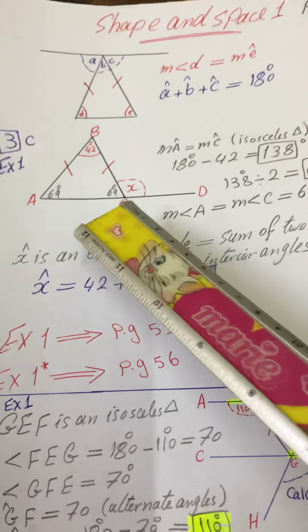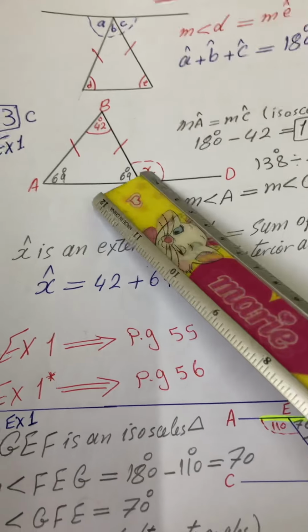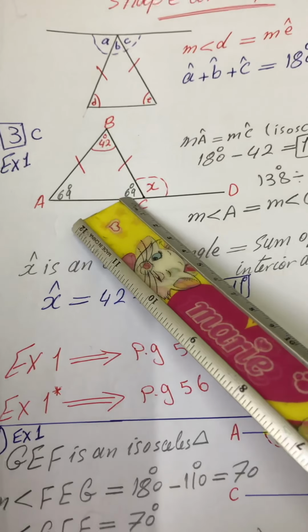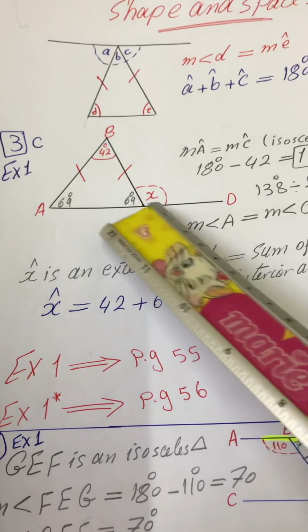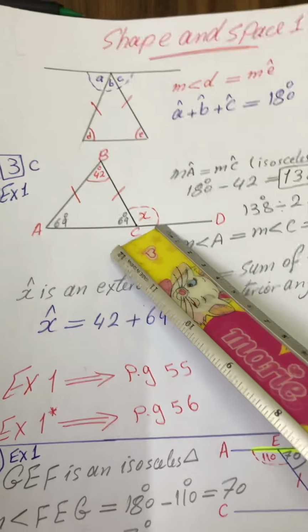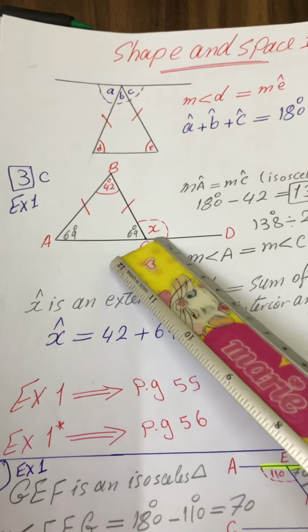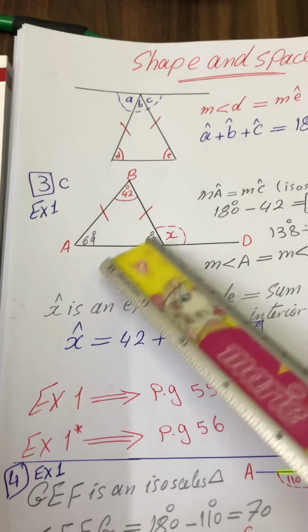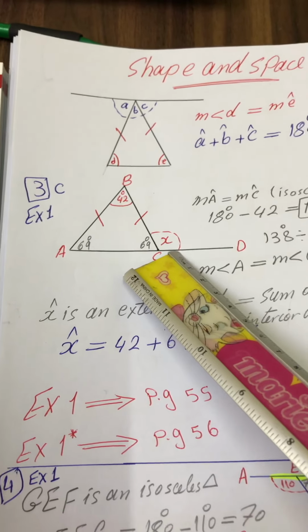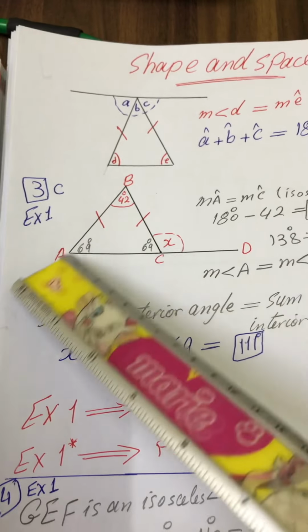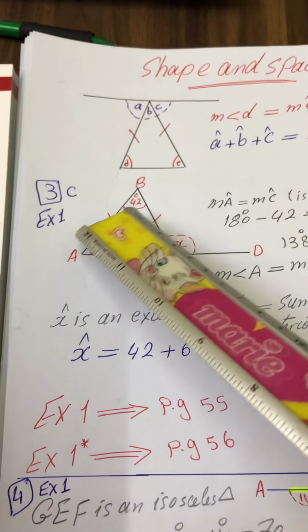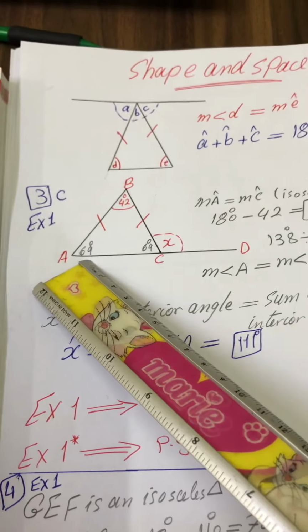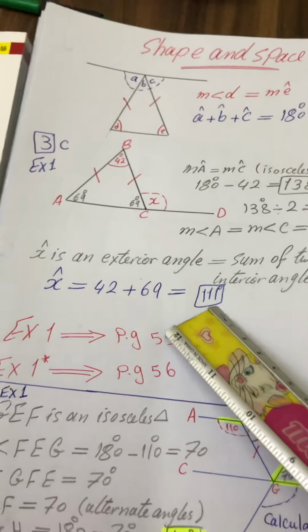And then we can find measure angle X by using this 69 and subtracting it from 180. Also, we can say this angle X is an exterior angle of triangle ABC. So measure angle X, the exterior angle, equals the sum of the two remote angles. So it will be 42 plus 69, which equals 111.